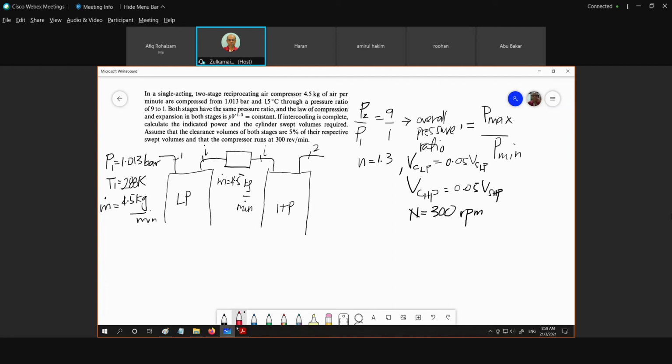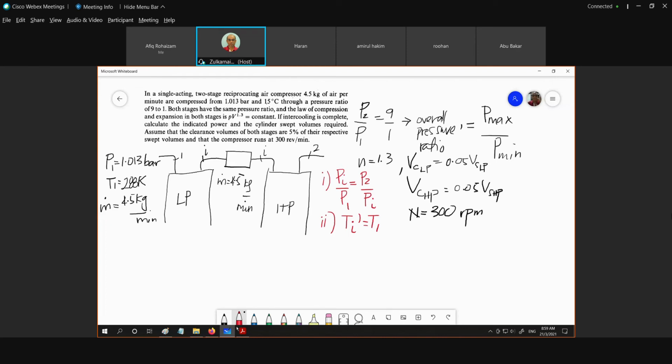Jadi the condition of our multi-stage right here, the Pi over P1 is equal to P2 over Pi, dan nombor 2, complete intercooling, so Ti prime is equal to T1. Okay?